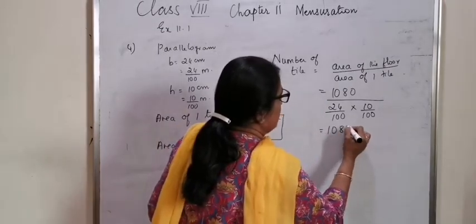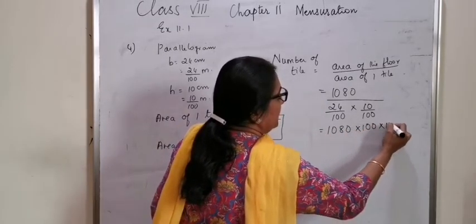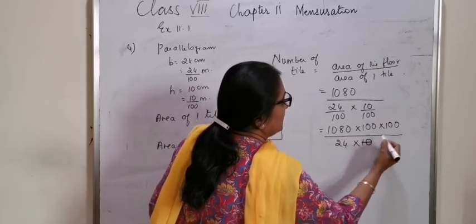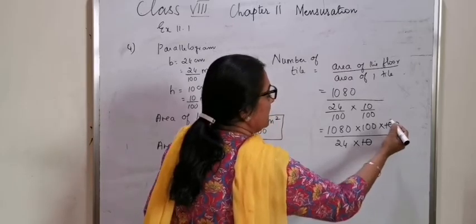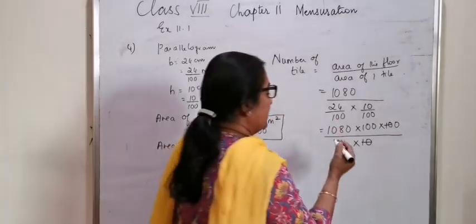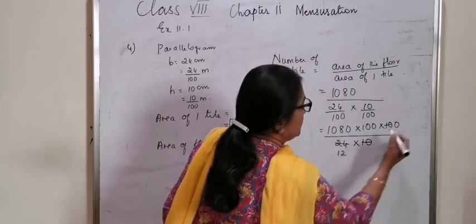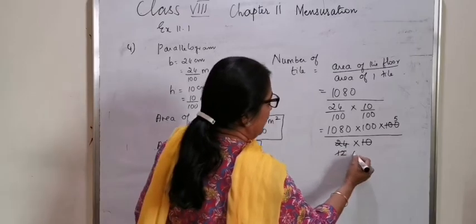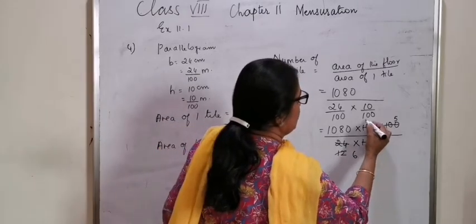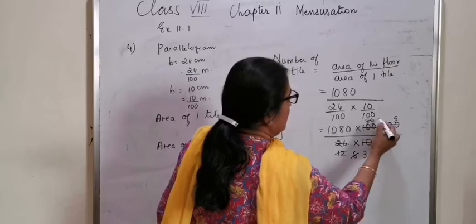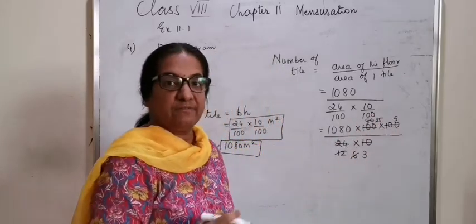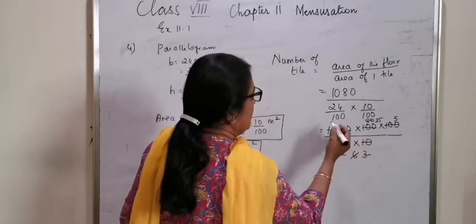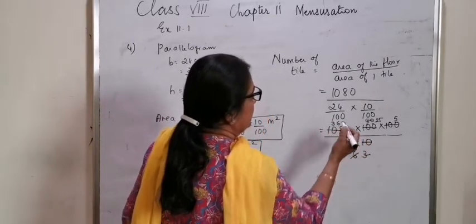So 1080 into 100 into 100 divided by 24 into 10. The simplification will be very easy once you maintain it as a fraction. Divided by 2 is 12, divided by 2 is 5, 10 divided by 2. Again, divided by 2 is 6, this is 50, by 3 it is again 25, that means simplified by 2. 3 and 1080 is 3 3s are 9, 360.